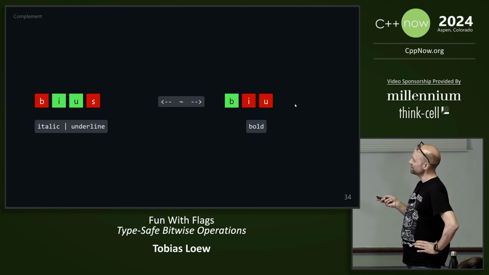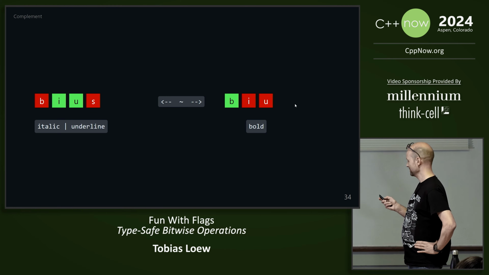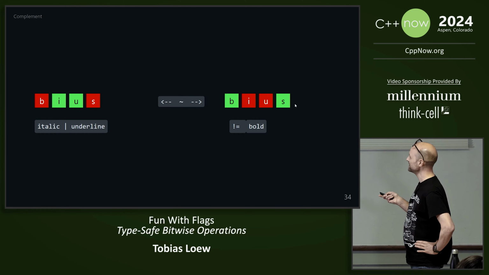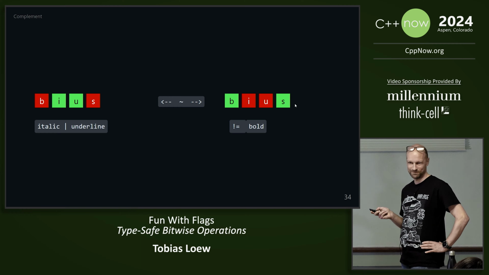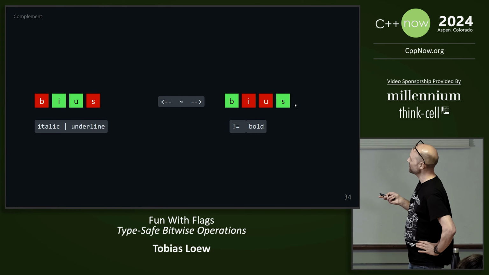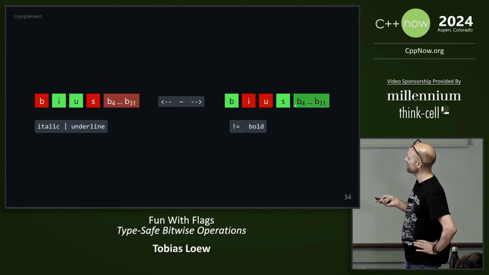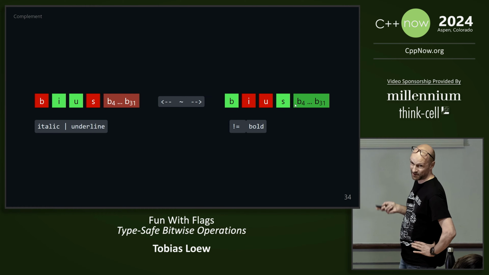But the moment we introduce the new strikeout bit, we lose this, because now this is no longer bold. And this is not only true for the fourth bit, it's also true for all the other bits out there.